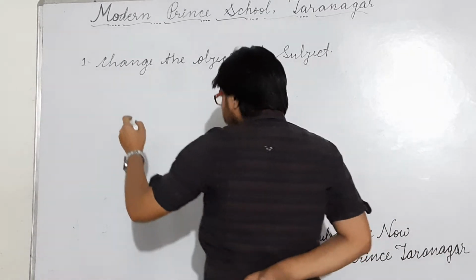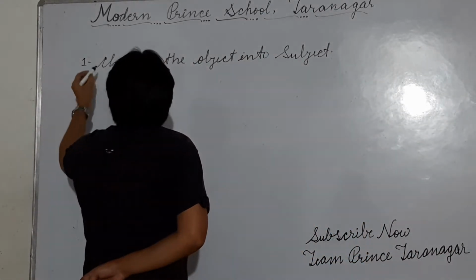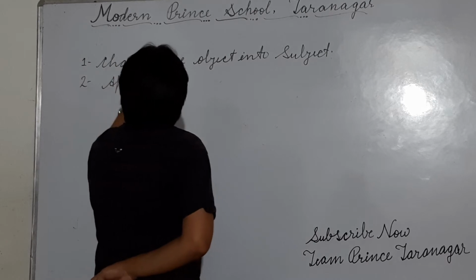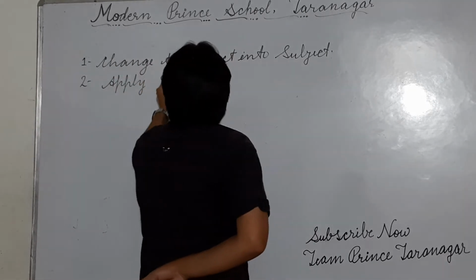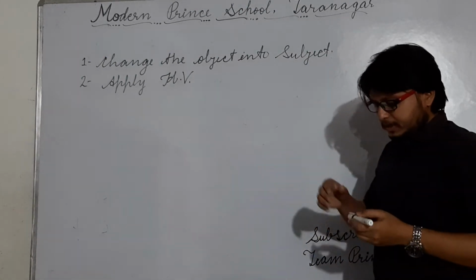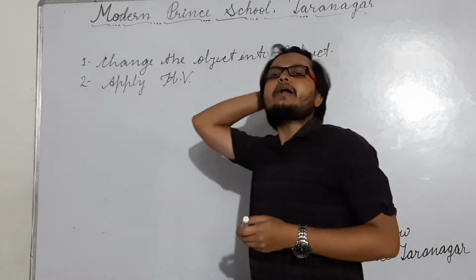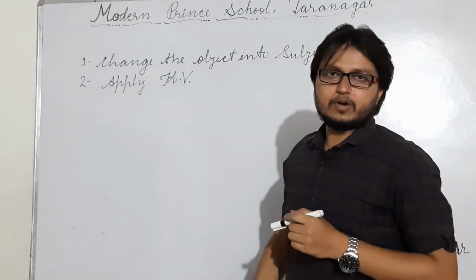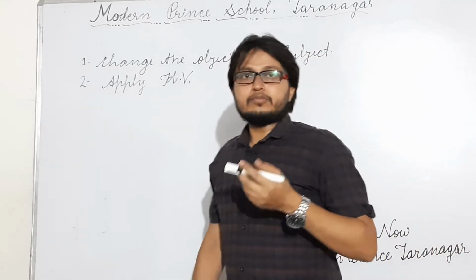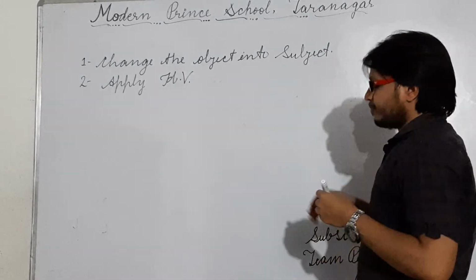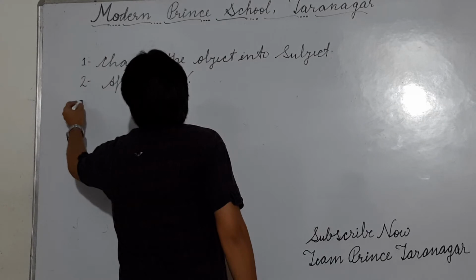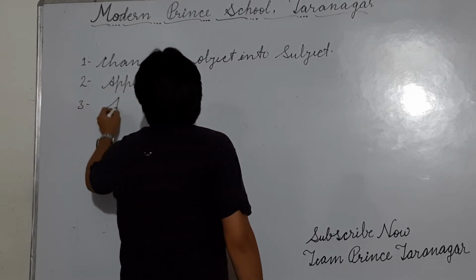Number second rule is to apply a helping verb. In active voice, there may be many kinds of verb formation. It may be verb first, verb second, but in passive voice, we have to use only verb third. Apply verb third.